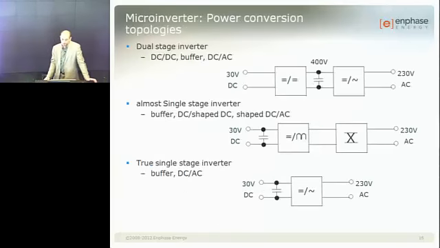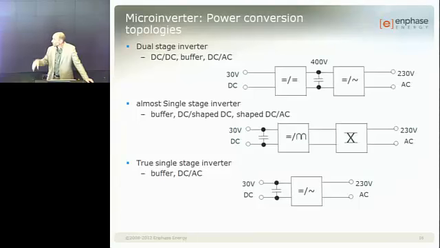So those are archetypical technologies to do the power conversion system. Top one is the most common one, the most traditional one, I would say. It's a dual stage inverter. So first stage is a booster, which takes DC in from the module, boosts it up to a fairly high voltage, so there's 400 volt or so.